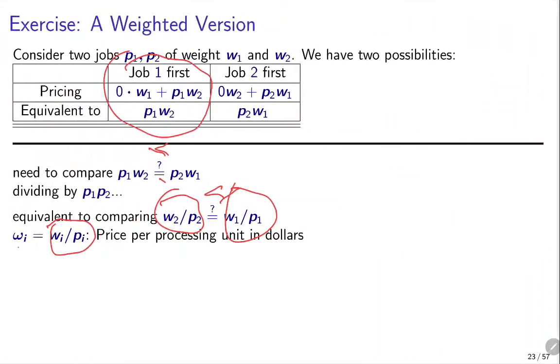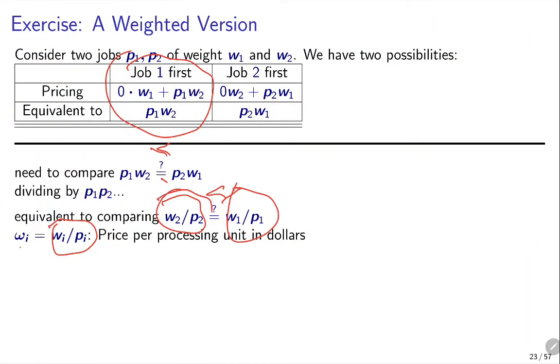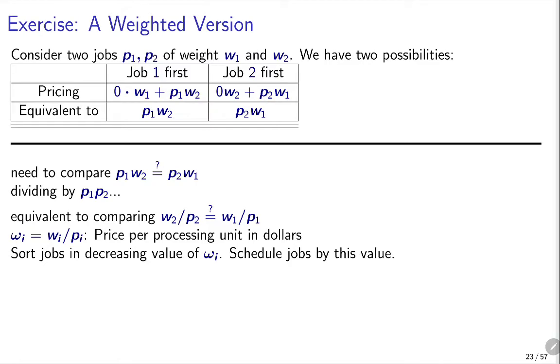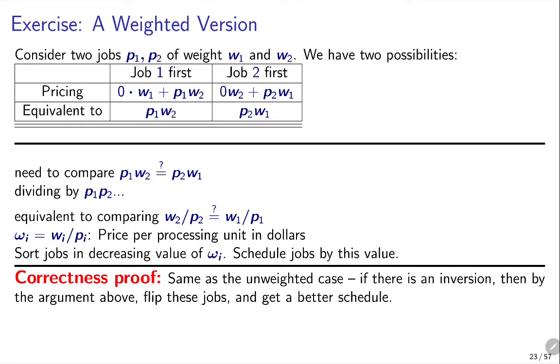This is important here: we prefer to put the first job first if its ratio is larger than the second job's. Namely, we need to schedule the jobs in decreasing order of the omegas, and schedule the jobs by this order. So this is the right ordering.